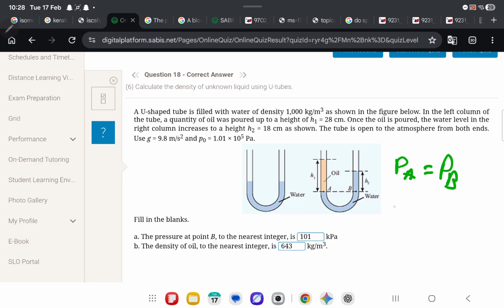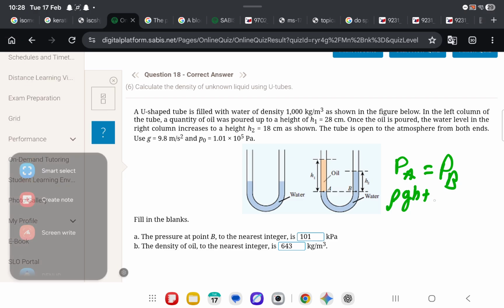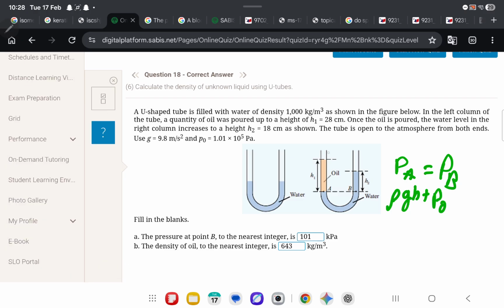It's going to be rho g h plus P0, because it's also open-ended, equals rho g h. Let's call this rho 2 and this rho 1, plus P0. Now P0 will cancel out, g and g cancel out. So I'm left with rho 1 H1 equals rho 2 H2.